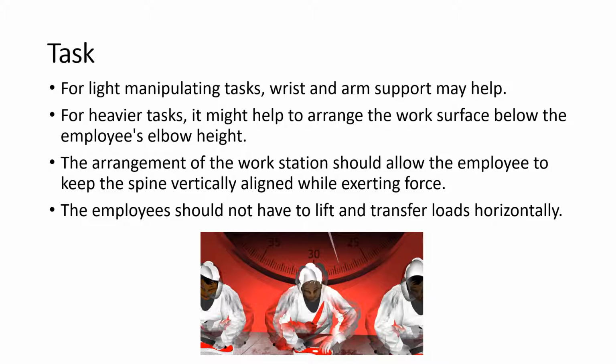For heavier tasks, when the worker needs to have better control over the tasks, it's better that we arrange the work surface below the elbow height, so the person can have better force application for the job that they are doing. In any workstation, it's important that when the person is applying the force, the spine be in a vertically aligned position.